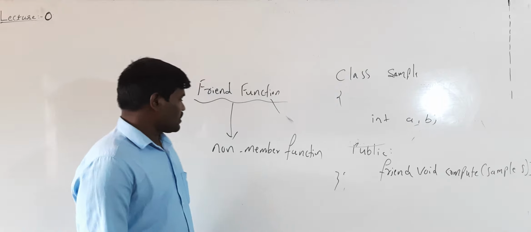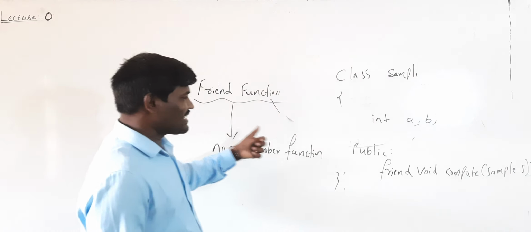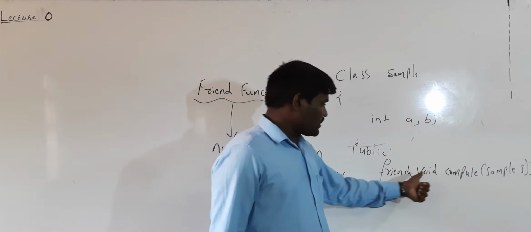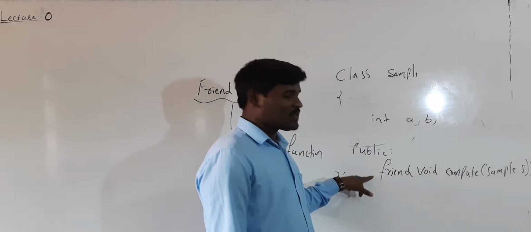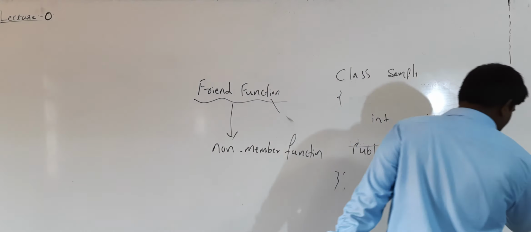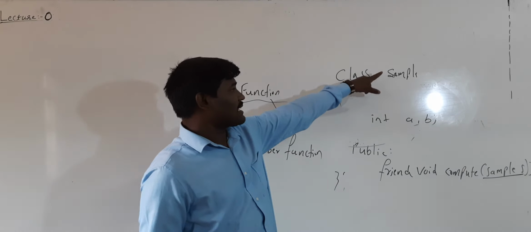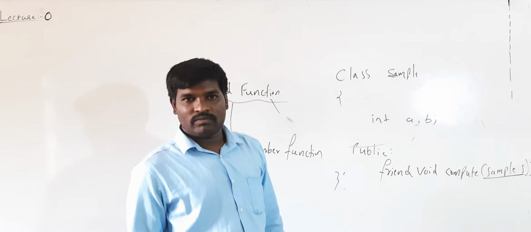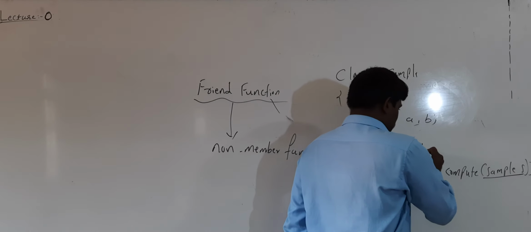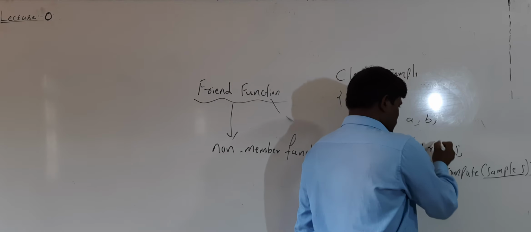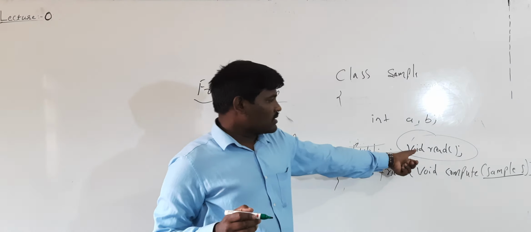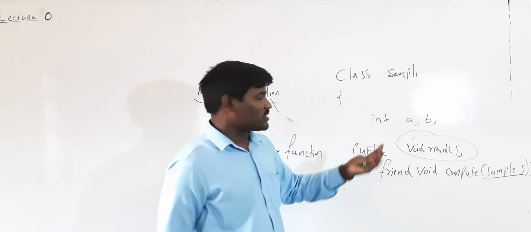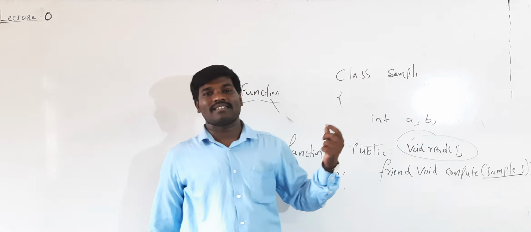A friend function can be declared using the friend keyword. First we write friend, next void, next compute, and a friend function can take an object as argument. Here the class name is sample, and class name with variable is called an object. Suppose I write void read. This read function does not have the friend keyword, so it is not a friend function, because normally the read function is declared inside the class.